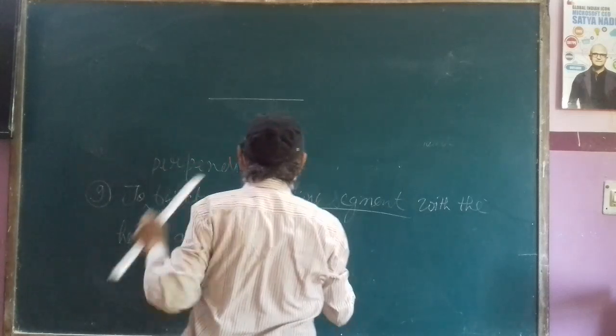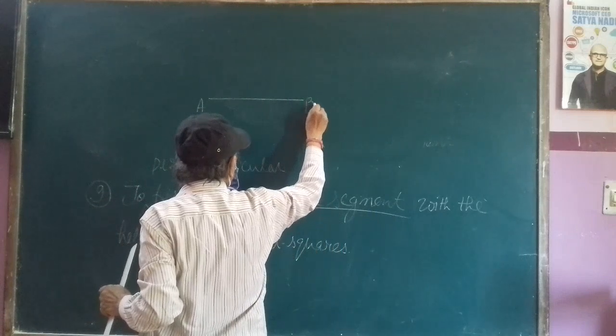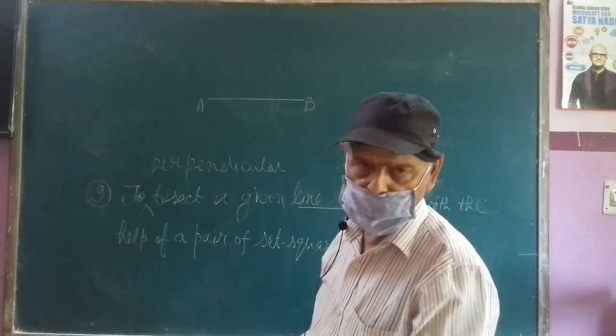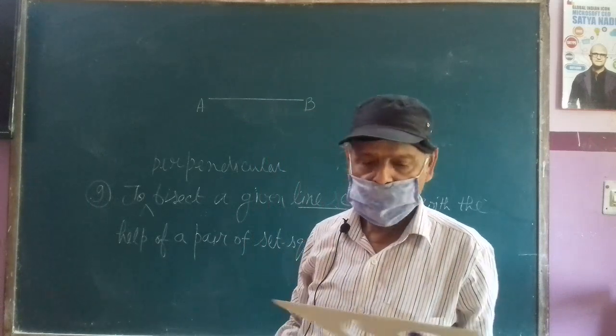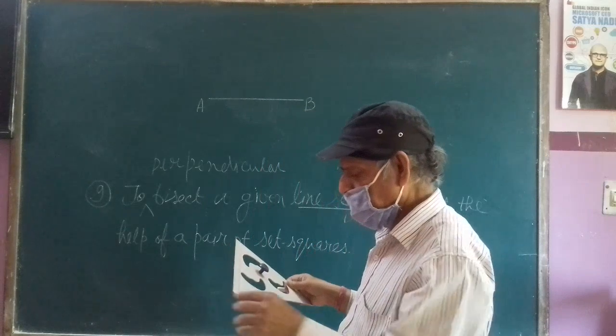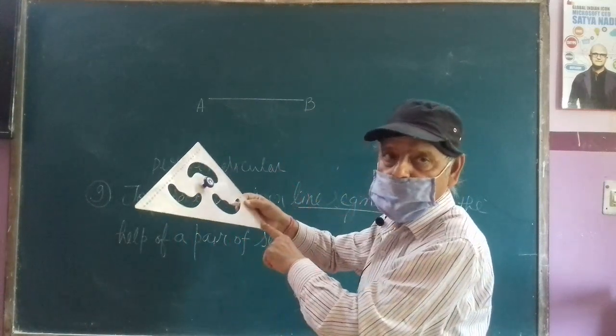You have to draw the perpendicular bisector with the help of this set square. You may also use this, but I am using this. Very simple. You see, this is 90 degree, this is 45 degree, and this is also 45 degree.